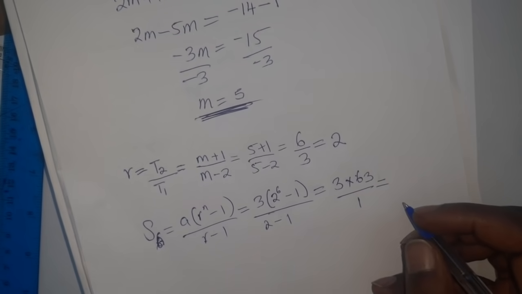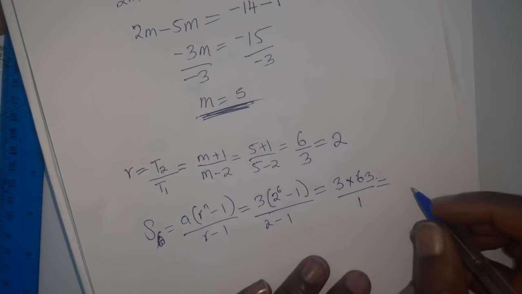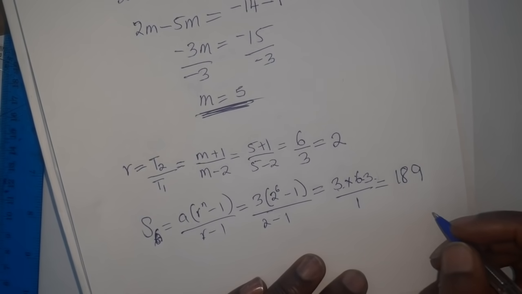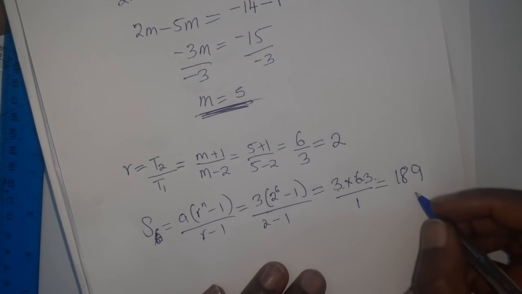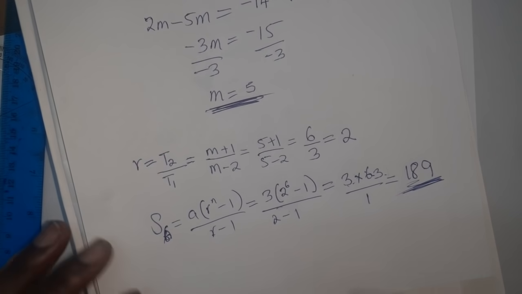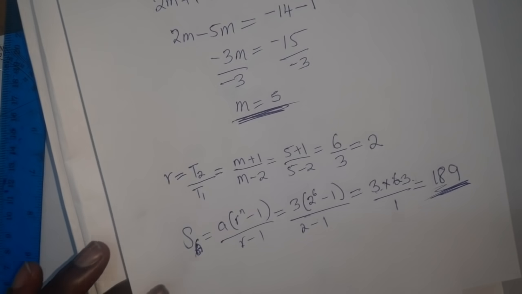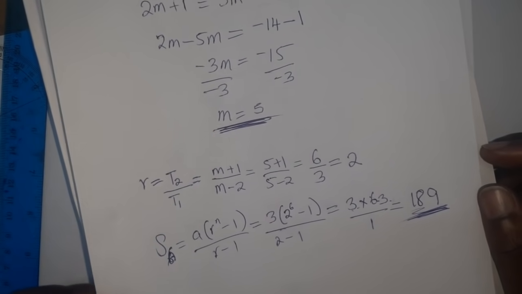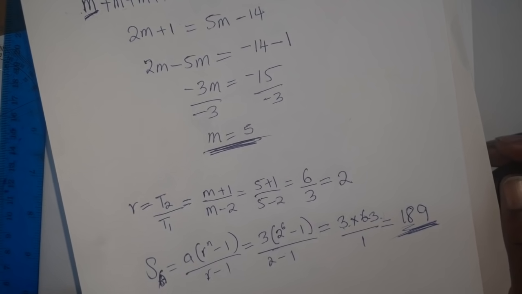So when you multiply this, what are you getting? 3 multiplied by 3, we are going to get 9. 3 multiplied by 6, we are going to get 18. So you have 189. That is what we are going to get, the sum of the first 6 terms of the GP.